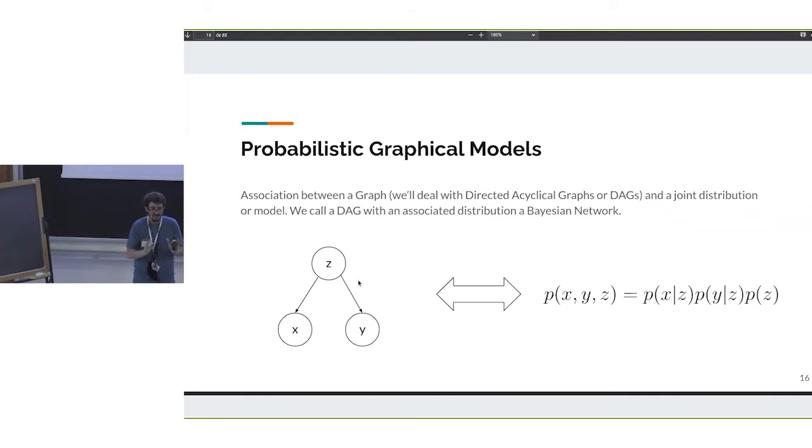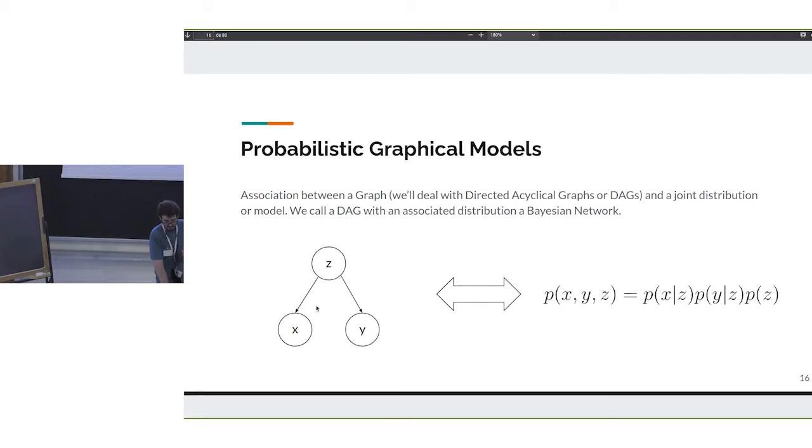So we have a graph with connections that only go one way, and where there are no feedback loops for a single node, and we can get them associated with a joint distribution or a model. This is what we call a Bayesian network. As simple as this. What I show here is an example with 3 nodes, X, Y, and Z, and the joint distribution can be written in this very convenient manner in which X and Y are conditionally independent given Z.